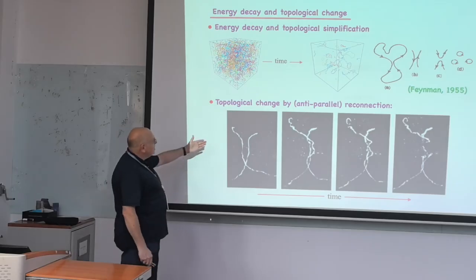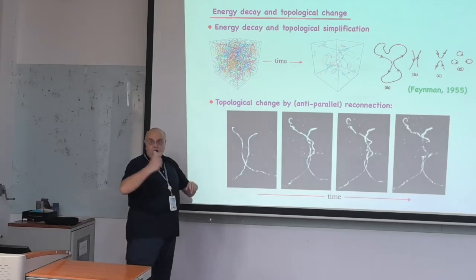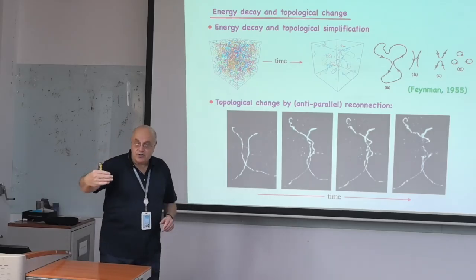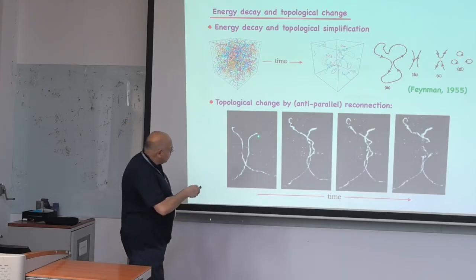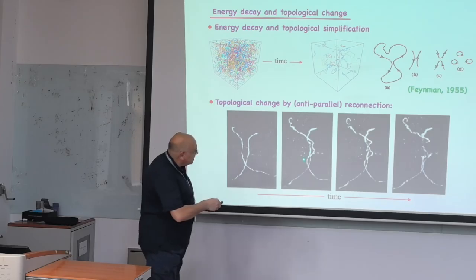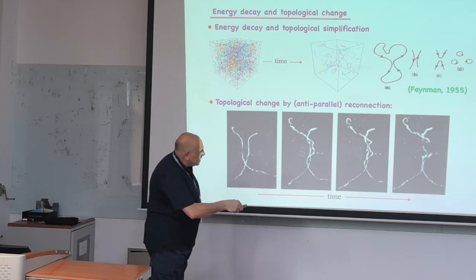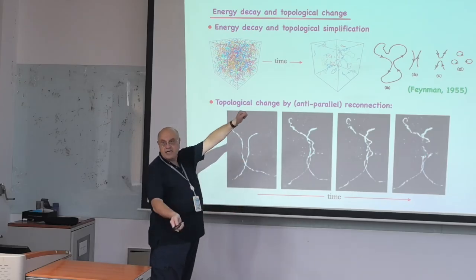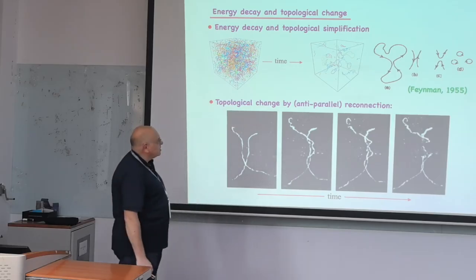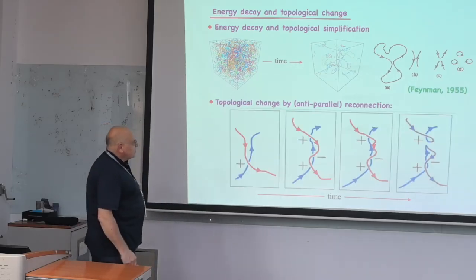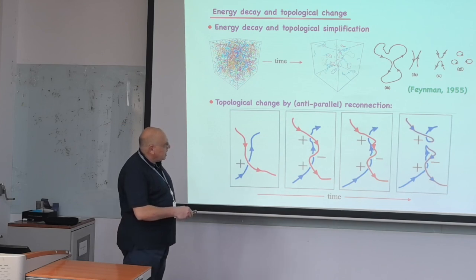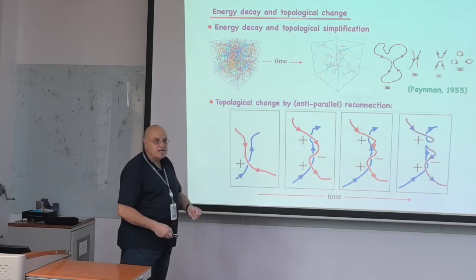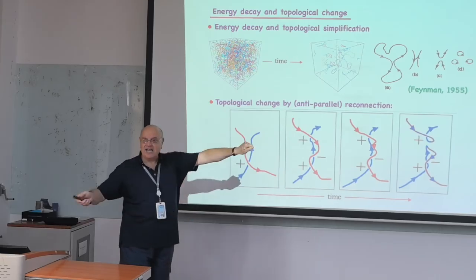This is a close-up view of a real production of vortex filaments in water, where you see the filaments, one here, one there, reconnecting, opening and departing from each other. This is just a schematic view of the reconnection process. At a certain point somewhere here, they talk to each other, they shake hands, and they leave apart.